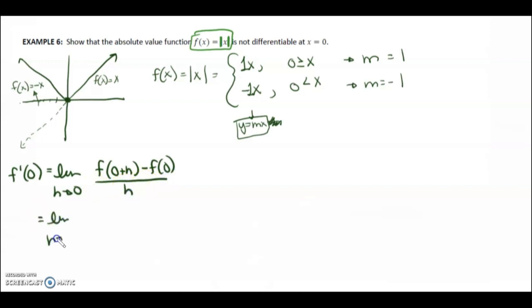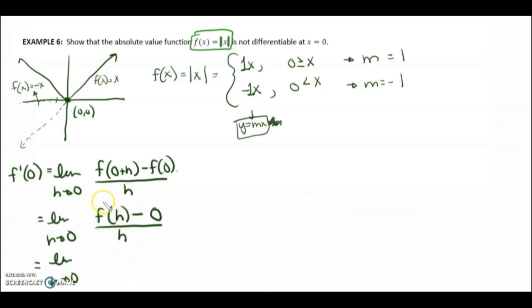So if you think about what's going on here, 0 plus h is just going to be f at h minus f at 0. Well, this point here is the origin, 0, 0, so that's just 0. And that's going to be all over h. Okay, so the limit as h approaches 0, so f at h over h.